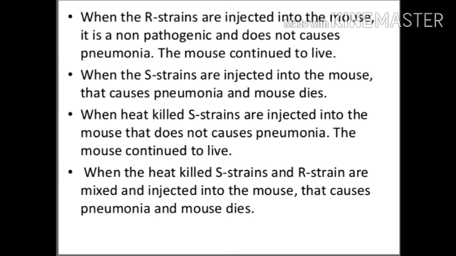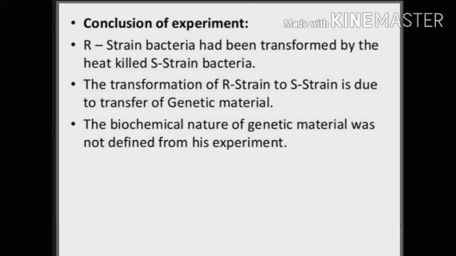And when heat-killed S strain is injected into the mouse, it does not cause pneumonia, the mouse continues to live. And when the heat-killed S strain and R strain are mixed and injected into the mouse, it causes pneumonia and the mouse dies. Okay, because in this case the capsule has ruptured.